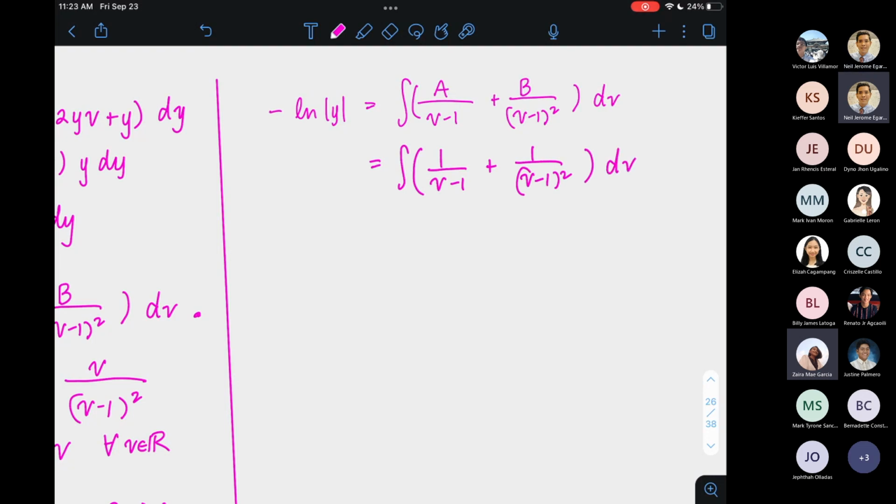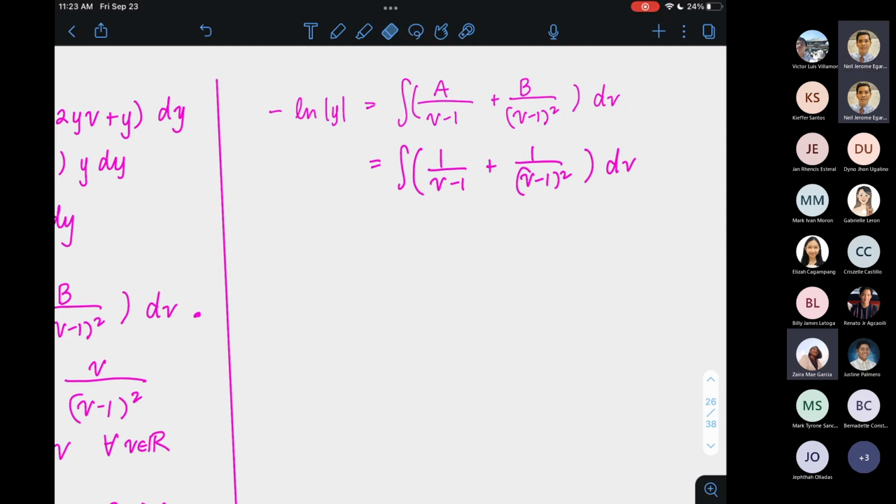All right. Sige na, double check ko na v minus 1 squared plus v minus 1. So v squared minus 2v plus 1 plus v minus 1. Cancel, cancel. Sorry, v minus 1 lang pala. V minus 1 plus 1. Okay. So tama naman siya.